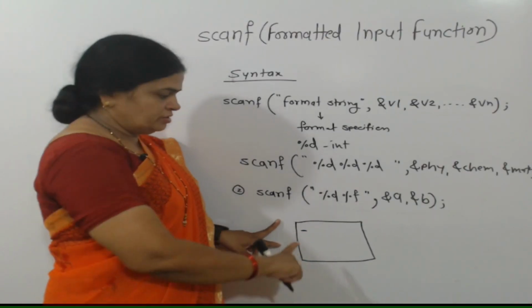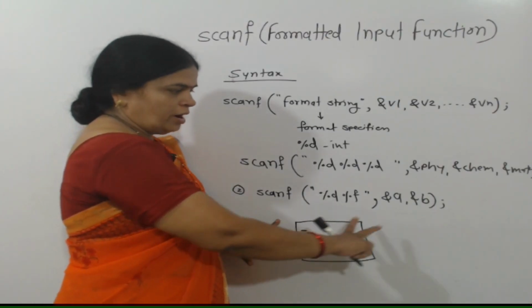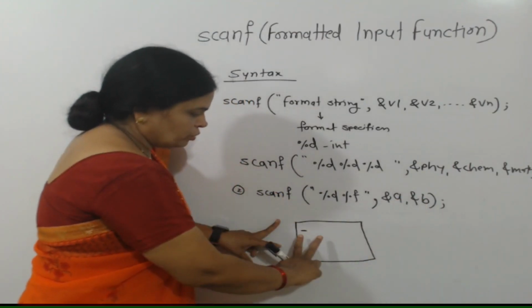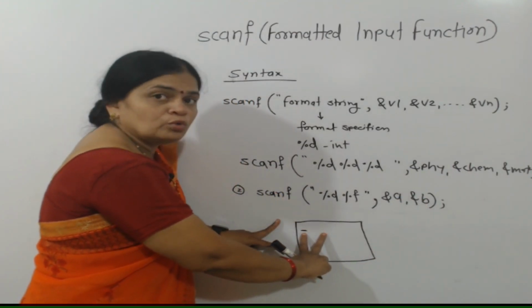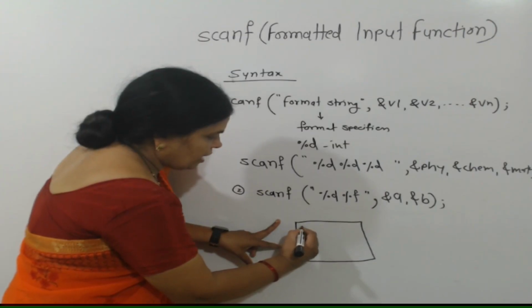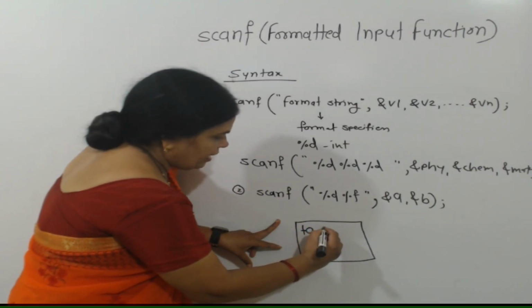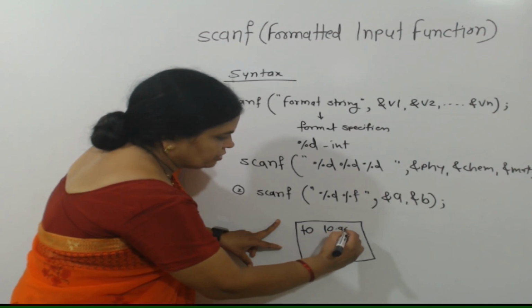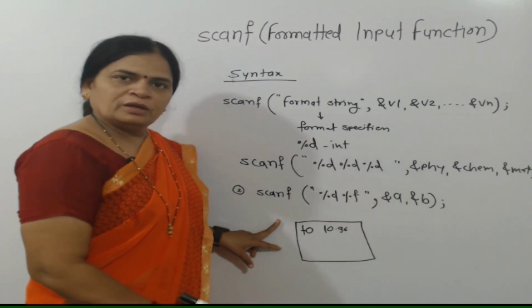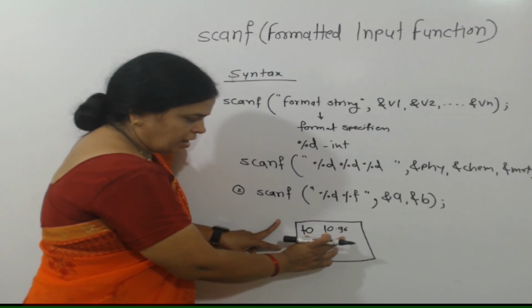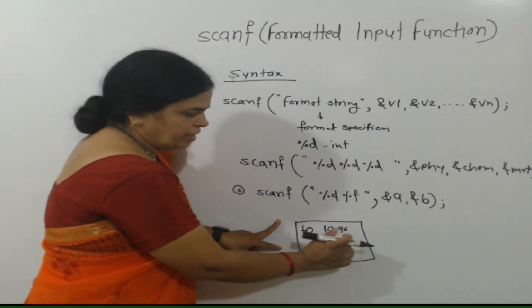So that means the computer requires two values for these variables. So you have to input two values here. Consider I've input the values as 10 and 10.96.